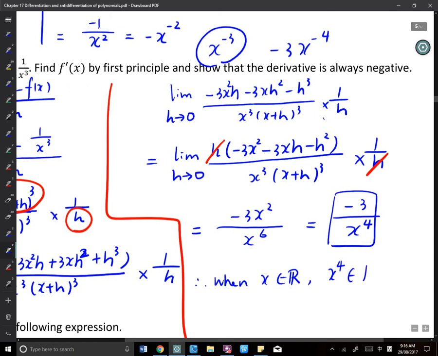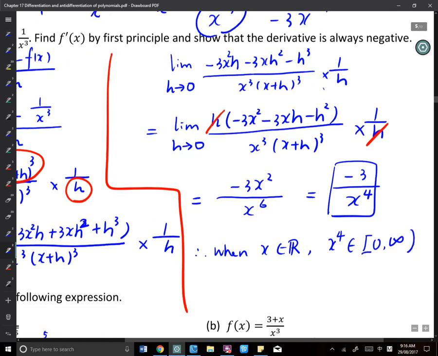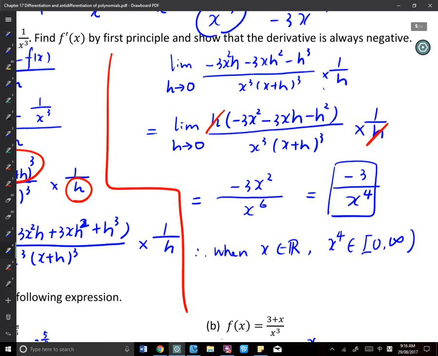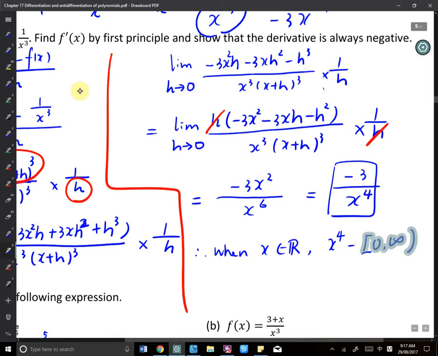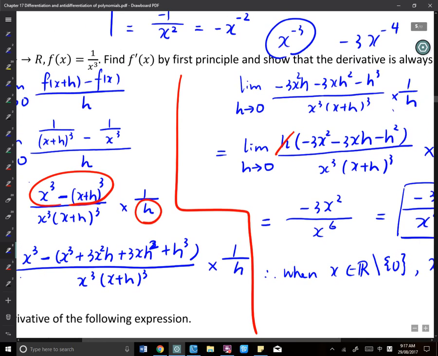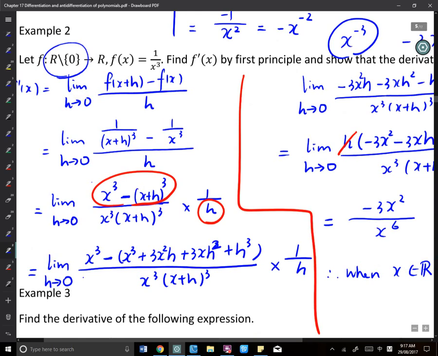Well, I can say that's 0 to infinity, because it's an even power, so negative all turns into positive. So it can be any positive number and 0. But x can't really be 0, so excluding 0, x to the power of 4 belongs to R plus, because in this notation, the 0 is excluded already.